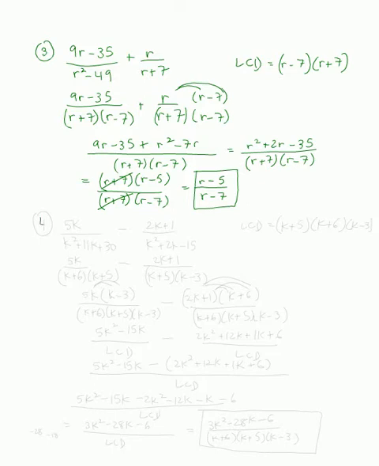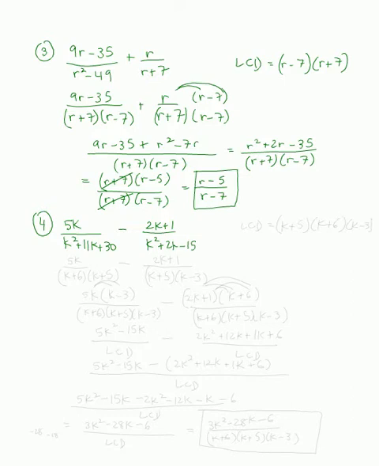Alright, let's get to a really hard one. 5k over k squared plus 11k plus 30 minus 2k plus 1 over k squared plus 2k minus 15. So first step is to factor these denominators.